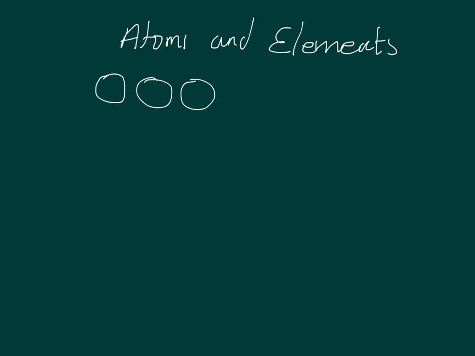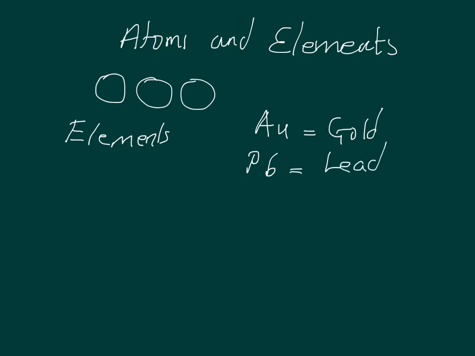Now, when it comes to elements, there are over 100 different elements, and the atoms in a particular element are the same as each other. For example, lead and gold are both elements, and a piece of pure gold, whose chemical symbol, by the way, is Au, that's gold, and lead, Pb, contain only those things.